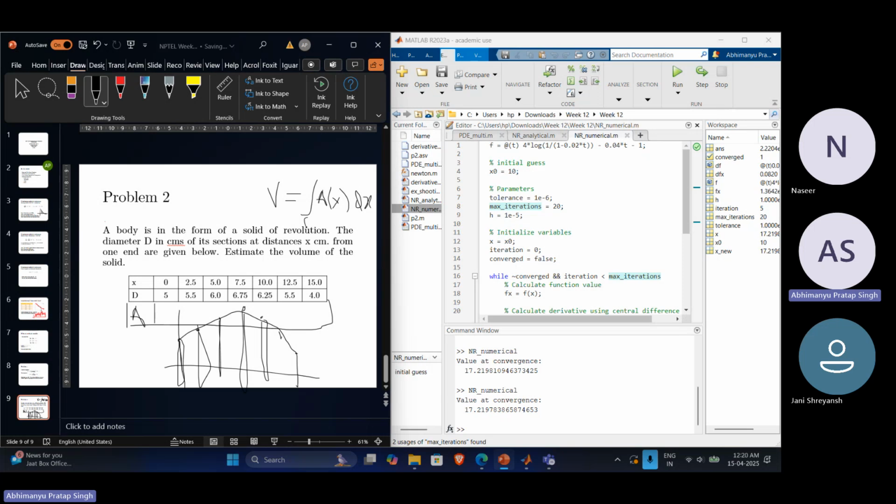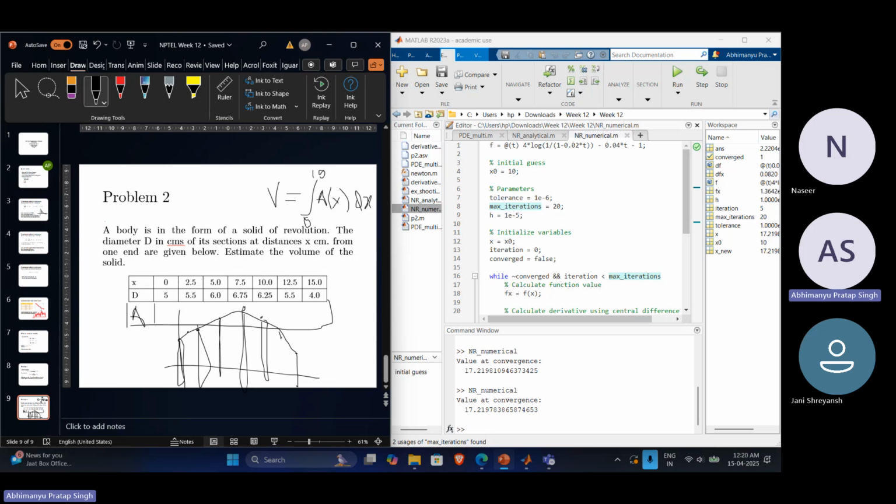From x equal to 0 to x equal to 15. Now, what we are doing over here is that we are calculating this area as a simplified expression of pi d square, and we are doing this.